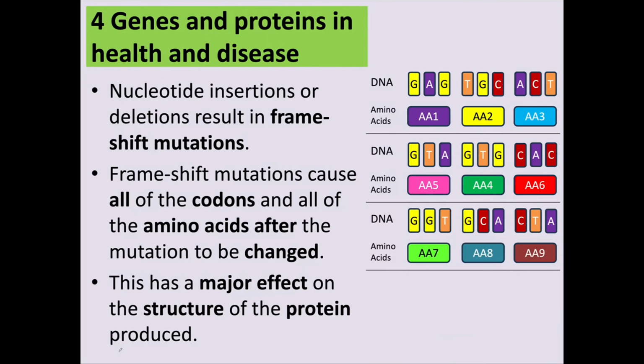Now, we call those insertions and deletions frame shifts, okay? We call them frame shift mutations. Now, the reason we do that is because what we are doing with these mutations is we are shifting the frame, we're shifting the sequence in some way, okay?